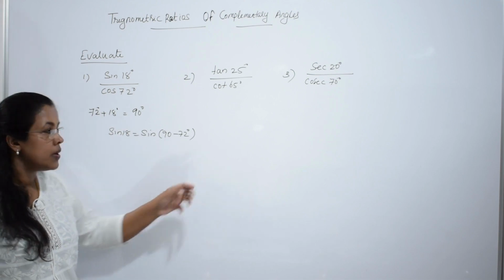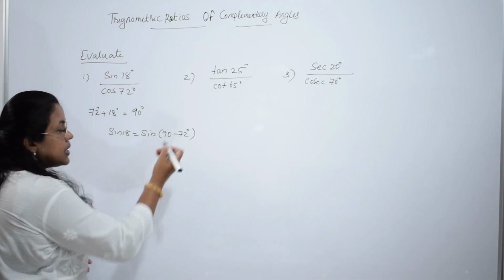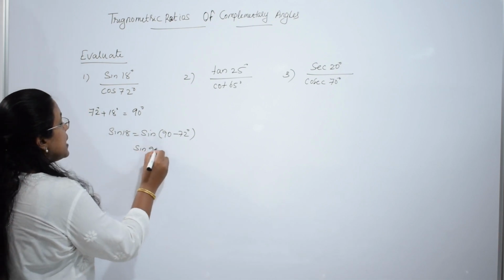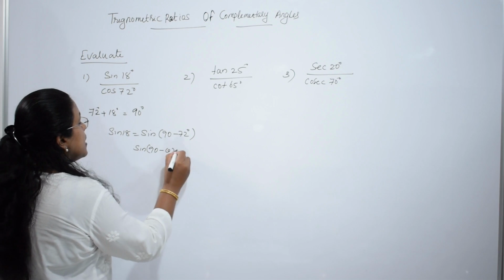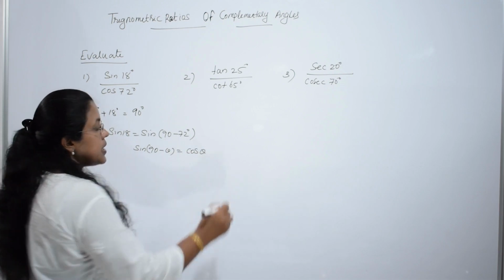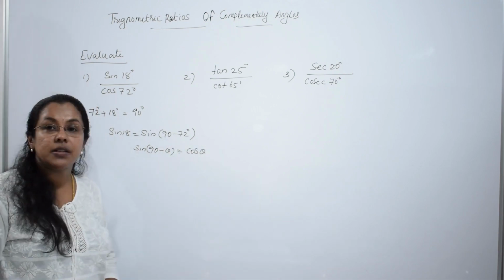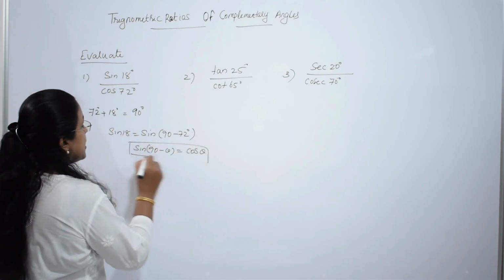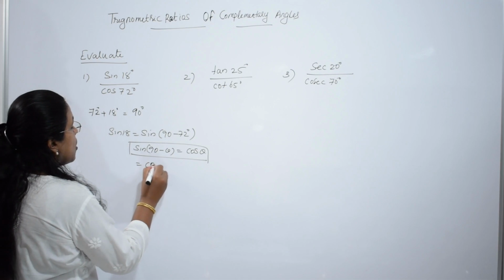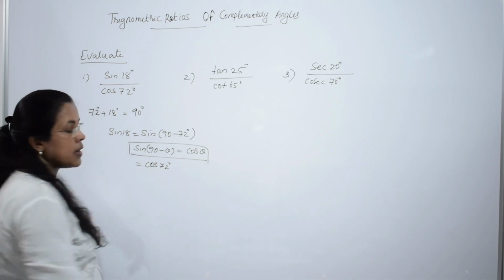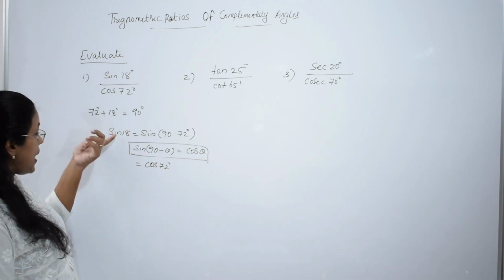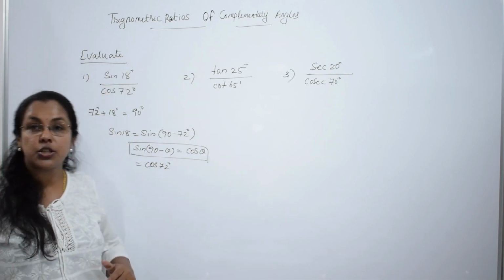Is it clear? We know sin(90° − θ) is equal to cos θ. What is θ here? θ is 72 degrees. So we can write this as cos 72°. Clear? Now substitute the value of sin 18° as cos 72° here.